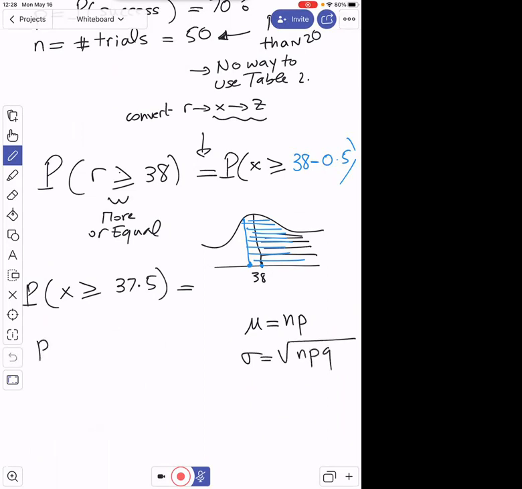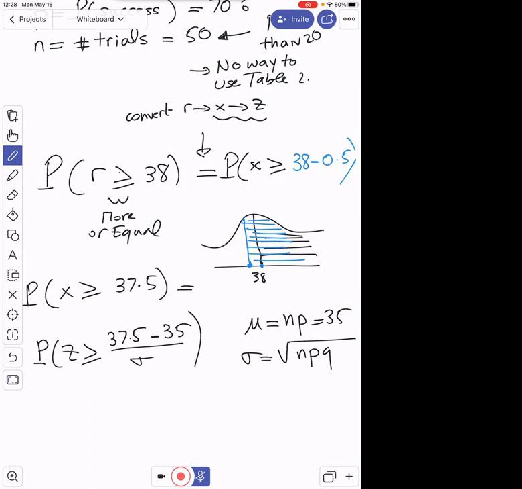So then I can convert my X to Z. That's Z more than 37.5 minus n times p, 50 times 70%, which is 35, over sigma, which is the square root of n times p times q, about 3 point something.